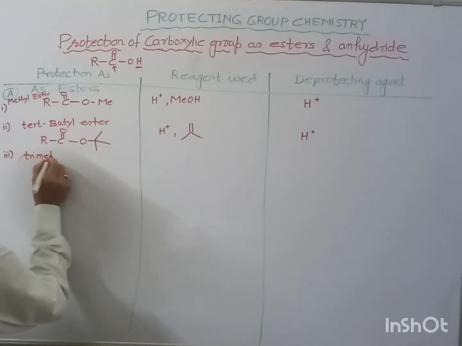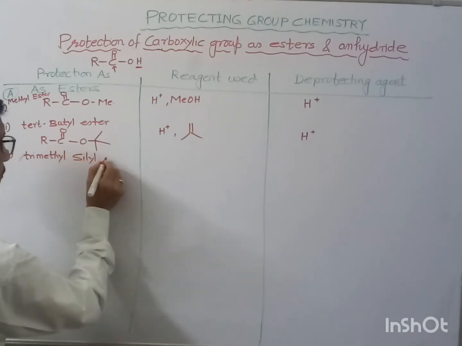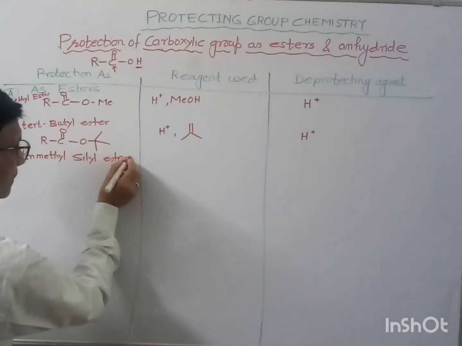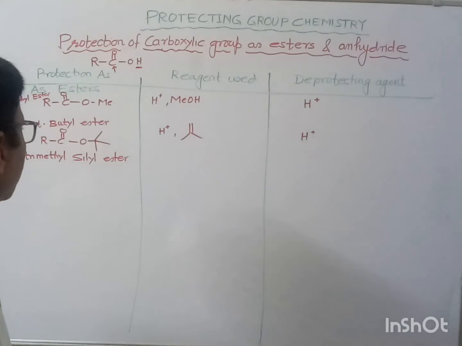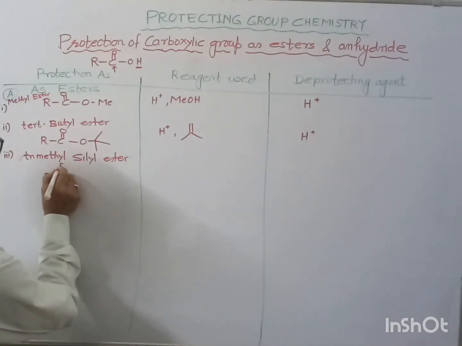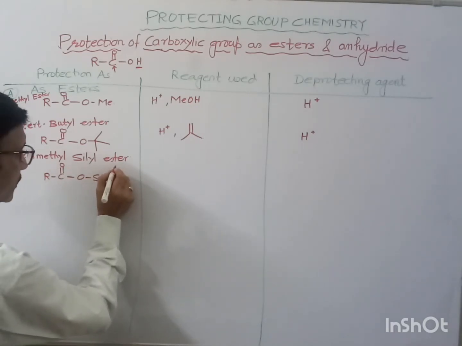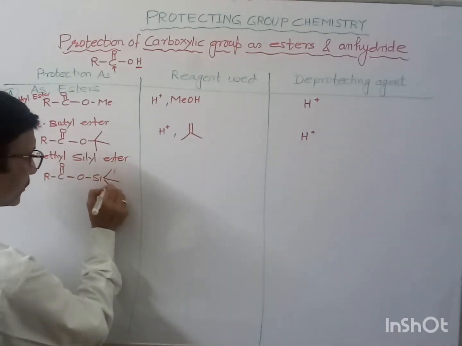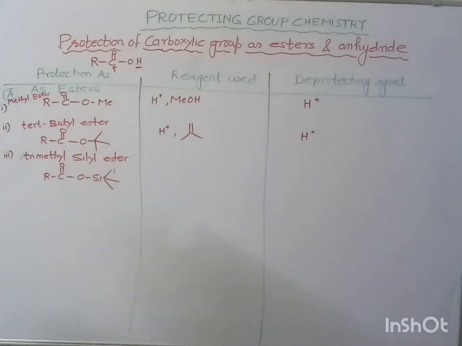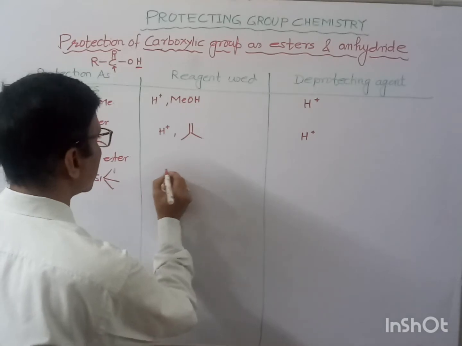Trimethyl silyl ester. So this is RCOO trimethyl silyl, the trimethyl silyl ester. How can we get it?